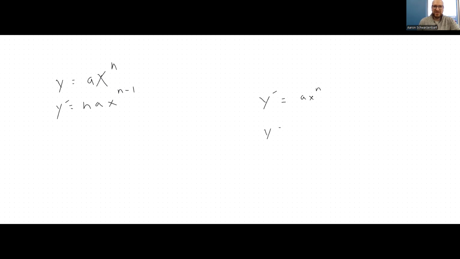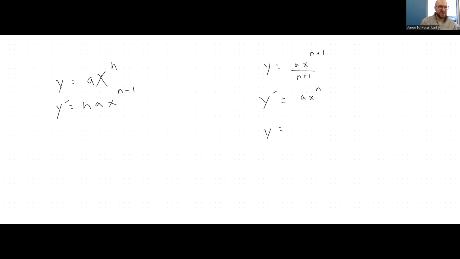Or actually, I could think of it like going up. So I have to add 1 to the exponent, and instead of multiplying by that new exponent, I divide by it. That's the n plus 1. So I've added 1 to the exponent.